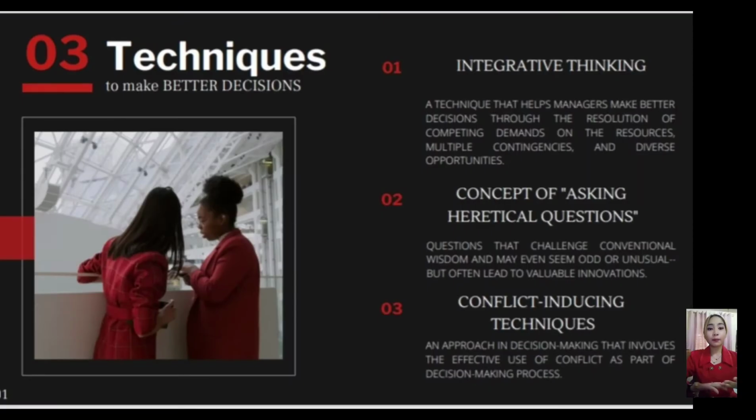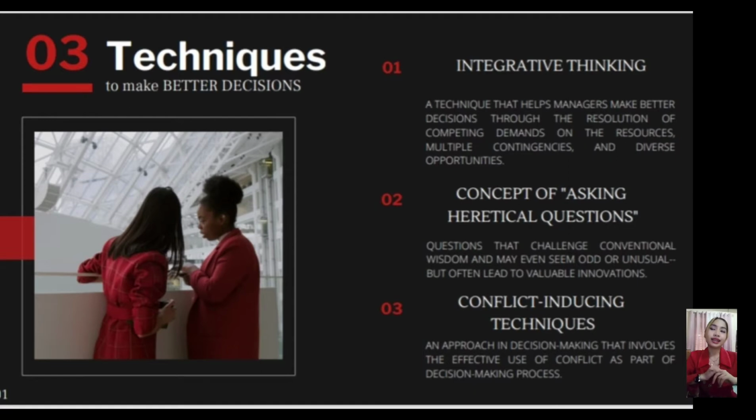Well, in this topic, there are three techniques mentioned to make better decisions. We need to master these techniques to make better decisions in an organization or even in our daily lives can be applicable.